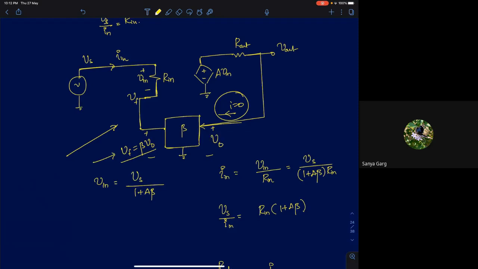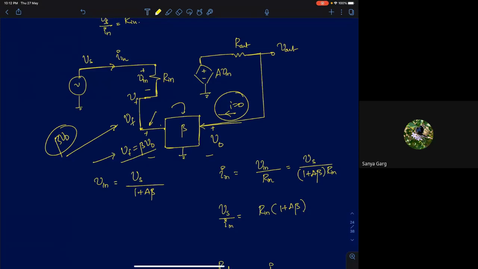If you look at this output node voltage, it is actually driving a resistance Rin. So the output of your feedback network will be exactly as desired, and the desired value is simply a fraction of the output voltage, which is beta times Vo. So that's Vf at this point.